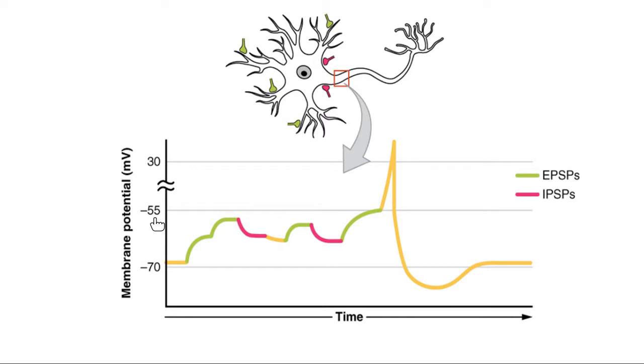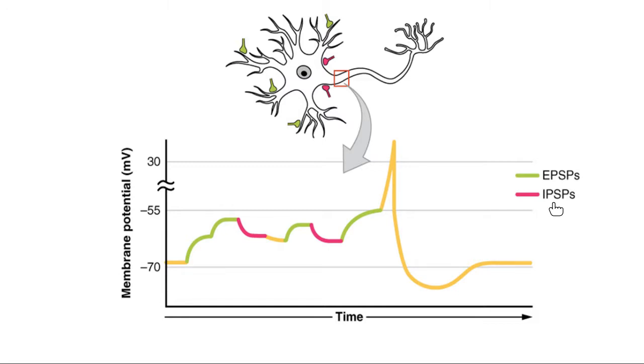So when you're thinking about the way that neurons work, please keep in mind, threshold is like the ultimate goal. I'm trying to get to threshold so I can talk to my neighbor. If you send me messages that make me more positive, I'm going to get there. If you send me messages that make me more negative, I am not going to get there.